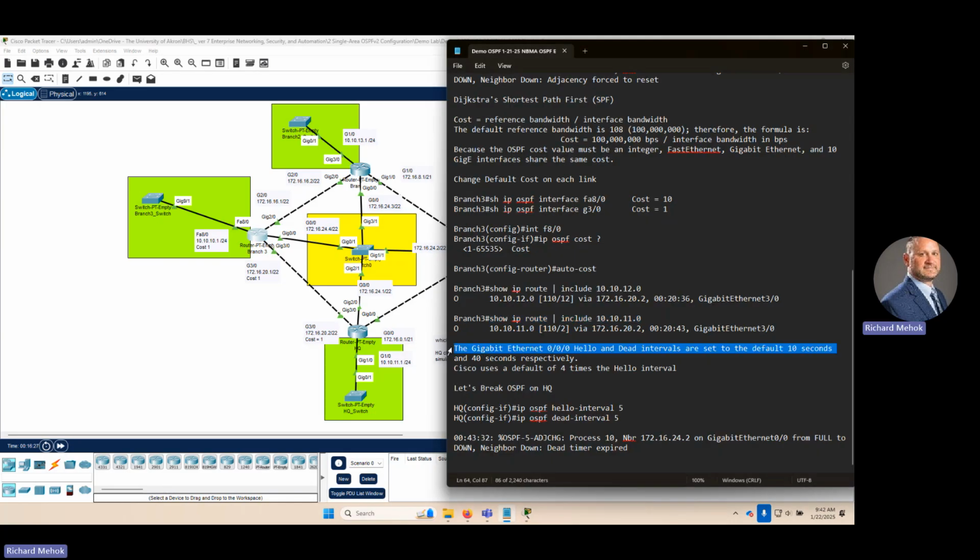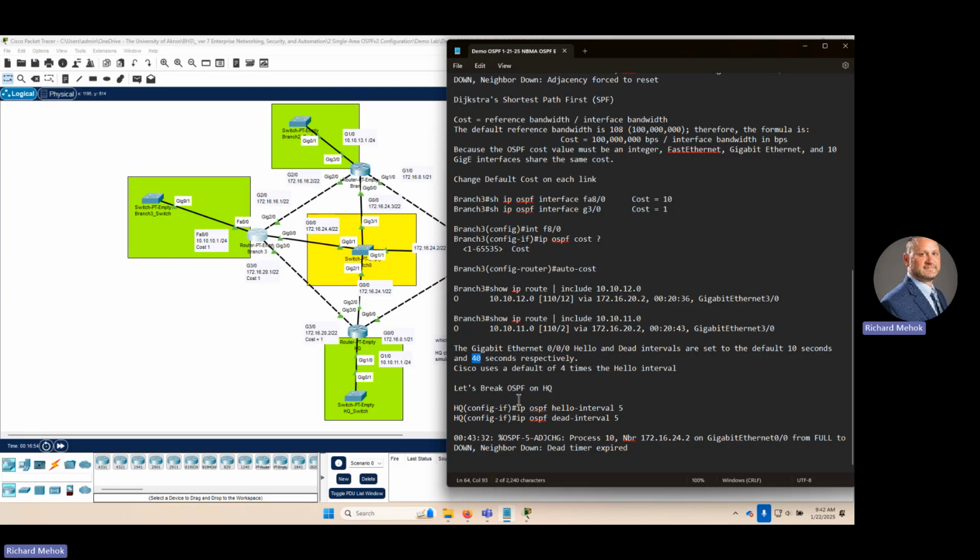So your hello and dead intervals are when you send updates. So hello is, is that route still there? Dead interval is how long you hold that information. If the route's not available, when do you remove it? So the default is hello every 10 seconds, and then 40 seconds for your dead.